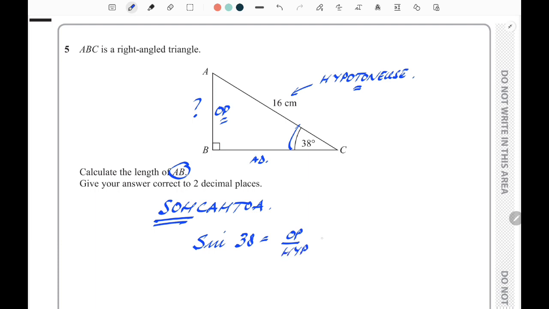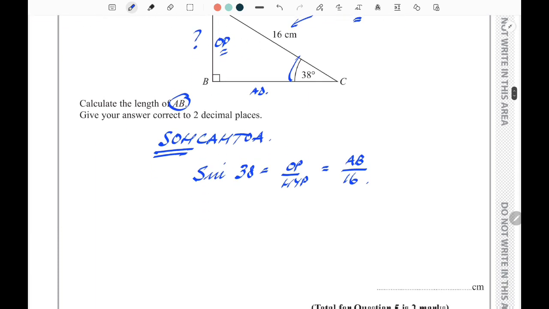So that takes into account what we have in the question, and that effectively is AB divided by 16. So therefore 16 times sine 38 equals AB, and that comes out to be 9.85 after rounding.